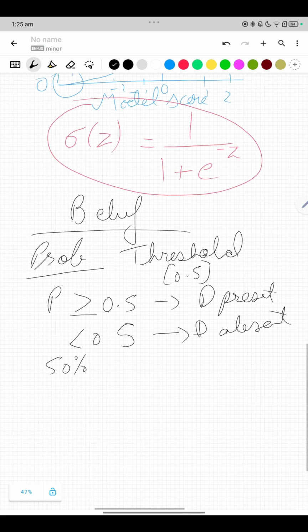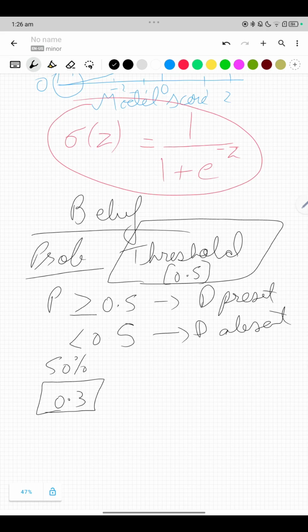Now what happens to this threshold is that it changes based on the context, right? For example, to be more sure, a hospital may consider 0.3 as a threshold, right? 30%, to avoid missing a particular disease, right?